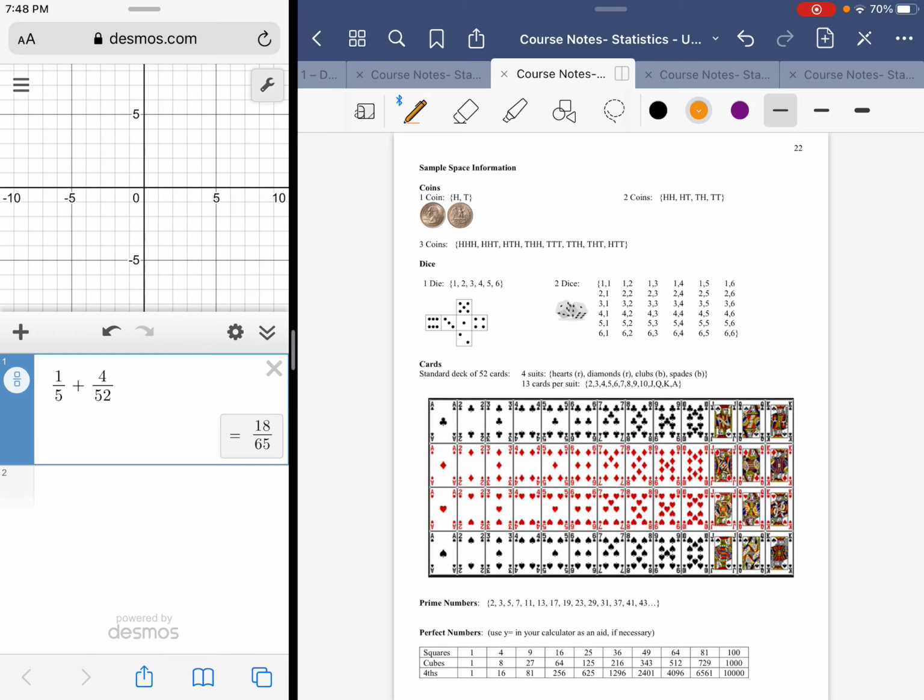So I listed out the two sample spaces for dice, a single die and two dice, because those are reasonably sized. If we get into three dice, then it gets a little off the wall. There's actually 216 outcomes in three rolls of a die, or three dice.